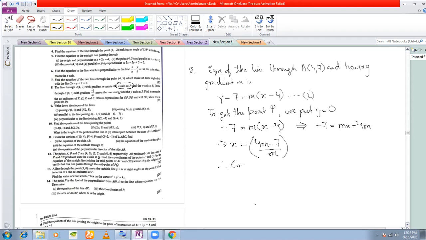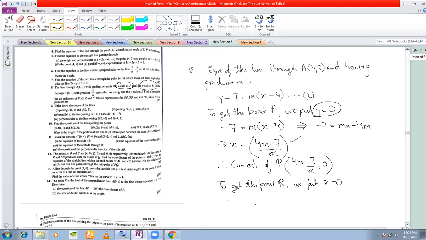Therefore, what are the coordinates of P? Coordinates of P are ((4m minus 7) by m, 0), right? This straight line meets the x-axis where y is equal to 0. So put y is equal to 0 in 1 and find the value of x. This is the x coordinate of the point, and it meets the y-axis at R. So to get the point R, we put x is equal to 0.